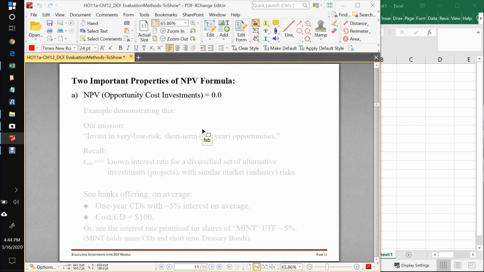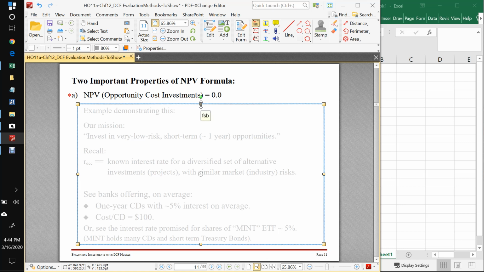So there are two important properties of the NPV formula. So the first one is that NPVs of our opportunity cost investments, as we learned them in the last chapter, are always equal to 0. So let's see how this works.